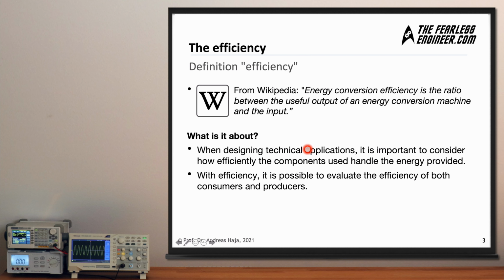So what's it all about in this video? When we design technical applications, it is very important to consider, and I used the example of a light bulb, but you can apply it to all other components of a circuit as well, how efficiently these components handle the energy which is provided to them. And secondly, with energy conversion efficiency, it's possible to evaluate both consumers and producers.